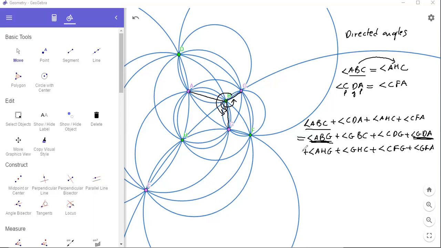You see that we can pair this up. We have that ABG is equal to, since the line on the circle is going to be the same as ADG, which is the same as negative when you go in the backwards direction. So once you add these two up, they kind of cancel out. Let me use a particular color to strike that. So these two will cancel out.